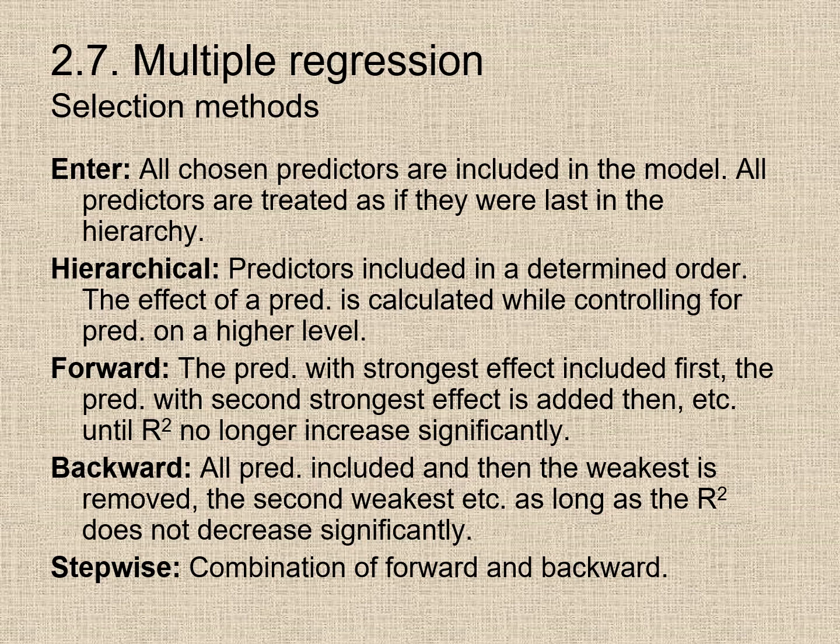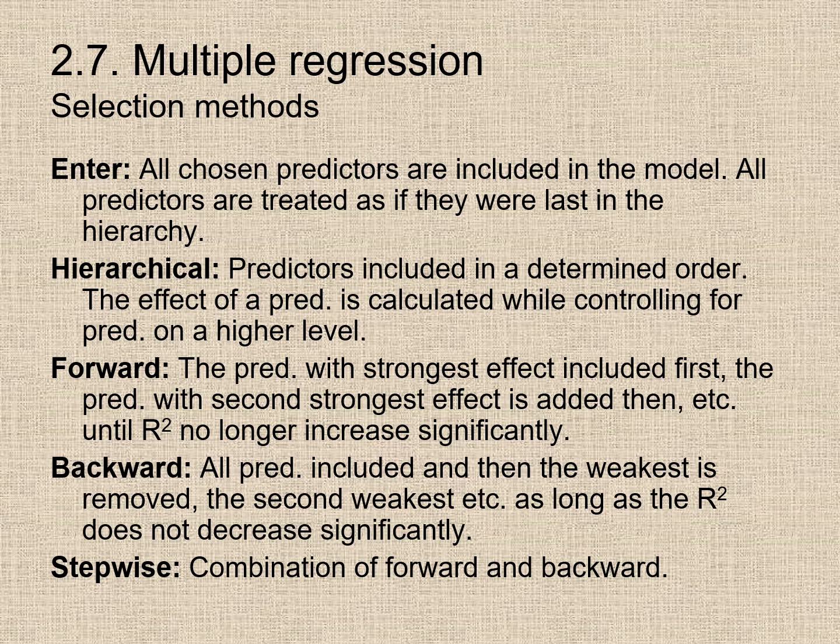Hierarchical model: we can put the predictors in in differing orders. We tell the program, first you put in these predictors. And then in the next step you put in these predictors. The end result will be exactly the same as if you put everything in at the same time.